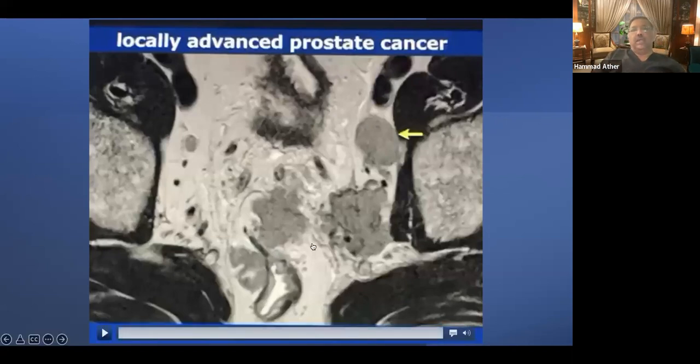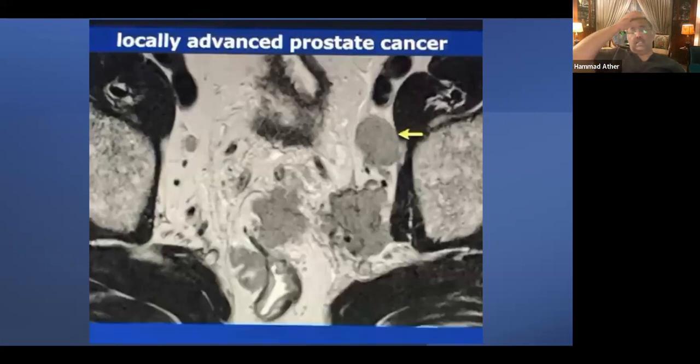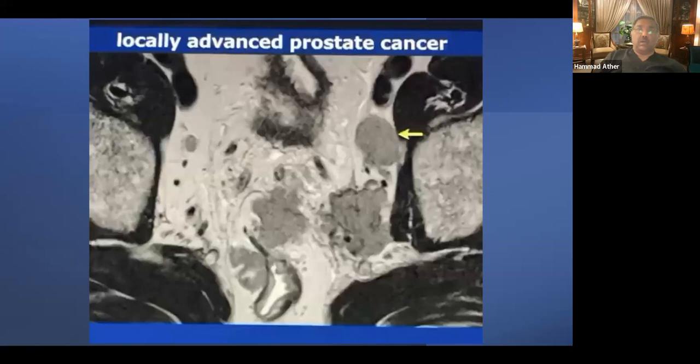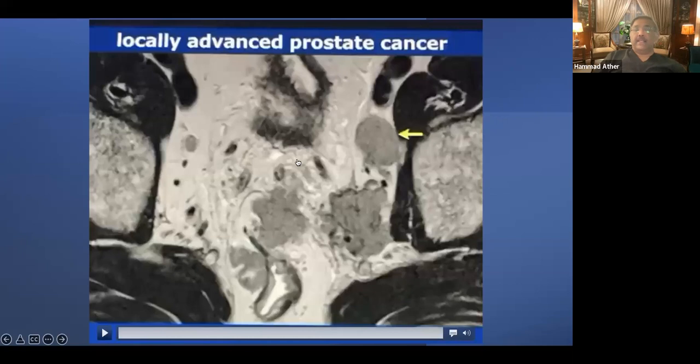So this is a locally advanced prostate cancer with lymphadenopathy. And if we look in the other sequences in the T1 weighted post-contrast and pre-contrast images, we find that there are lymph nodes which are not loco-regional but distant. So that has made it a metastatic prostate cancer.